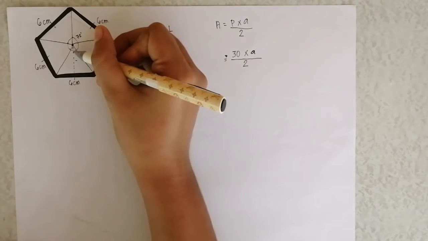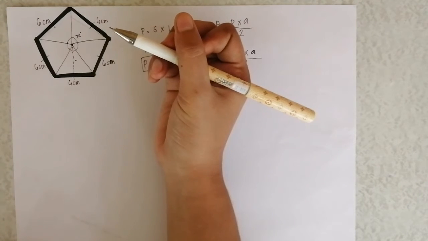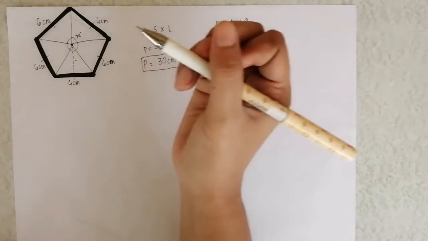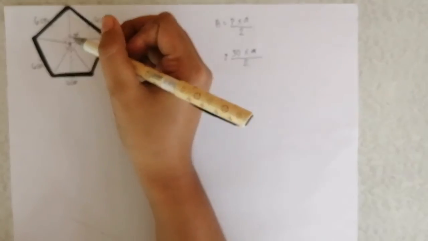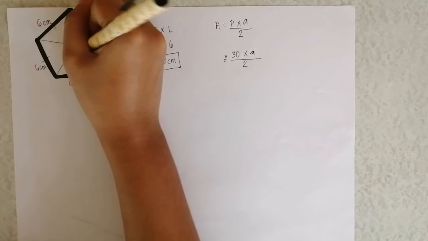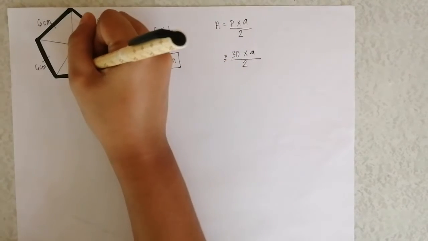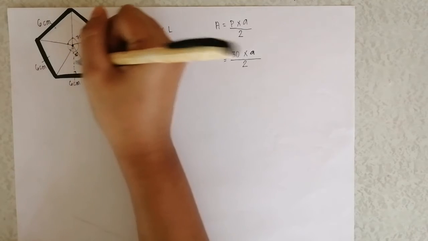And since we divided the triangle into two equal halves, 72 divided by 2, we'll now have 36 degrees. So it will form 90 degrees here.